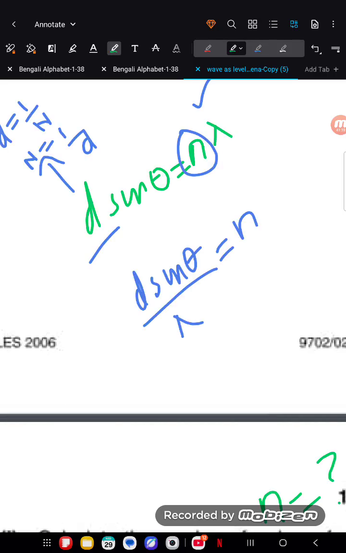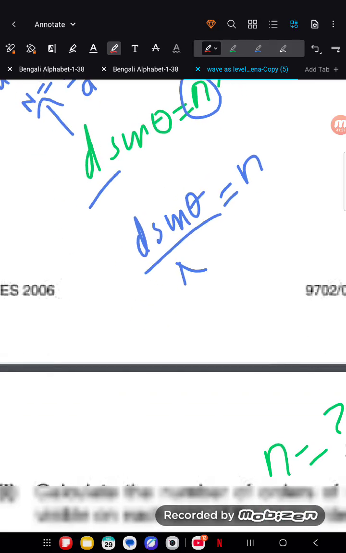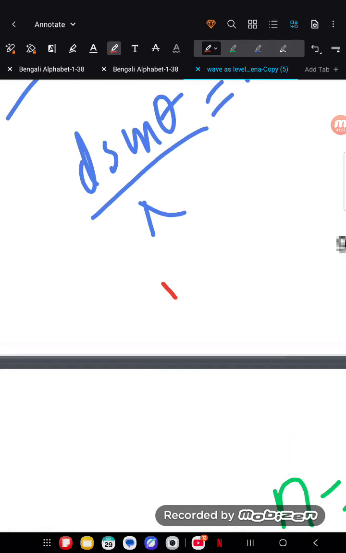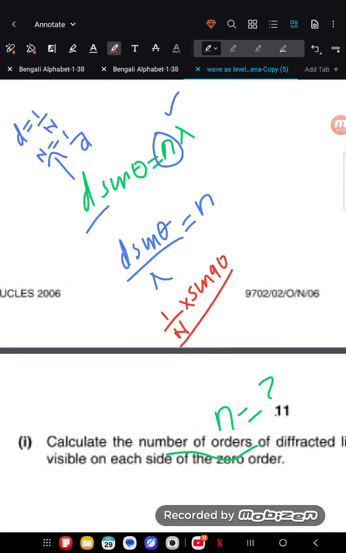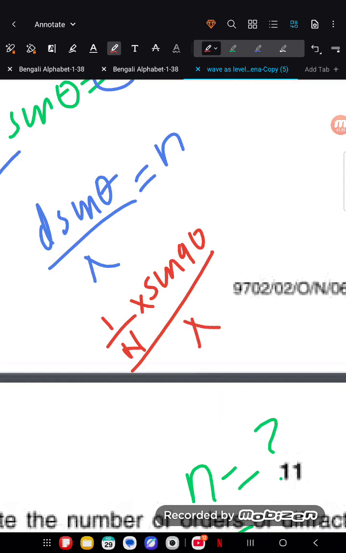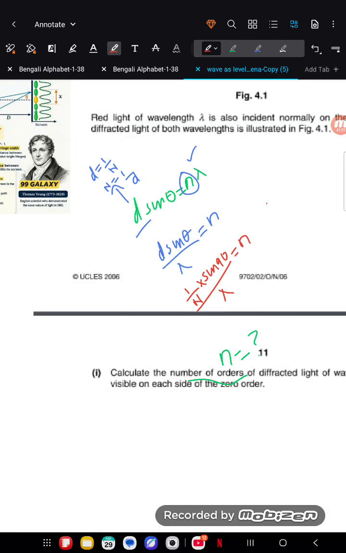So d is 1 by N multiplied by sine theta is 90, and here wavelength is the wavelength. You find it, okay.